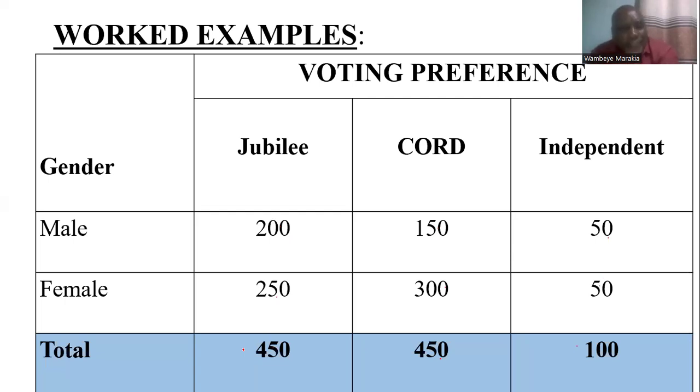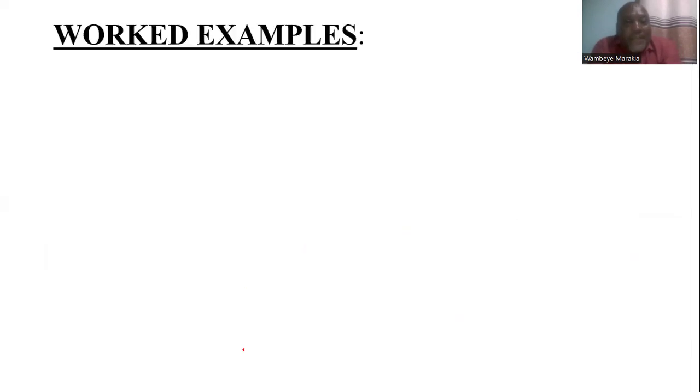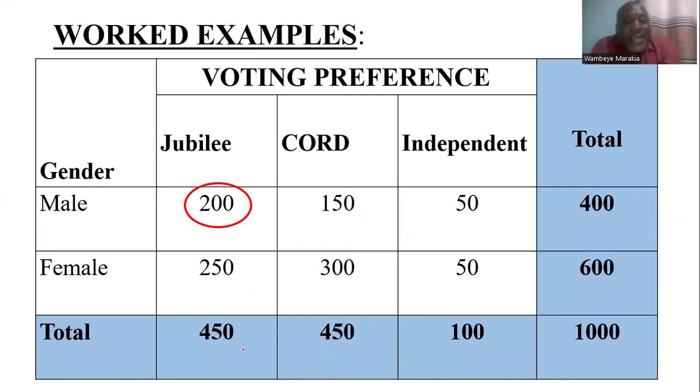Then we have the other totals. We get the totals for male who voted for Jubilee, plus the total of those who voted, male who voted for CORD. Then we get independent, and the number is 400. We get the female, who are 250, who voted for Jubilee.